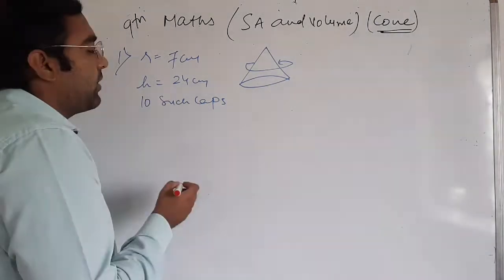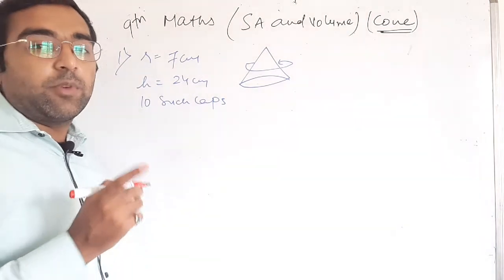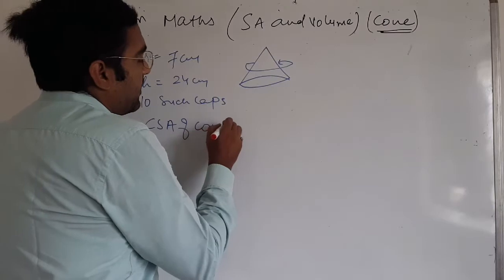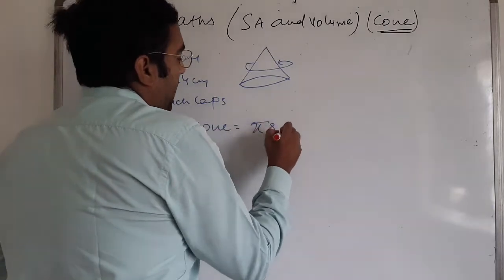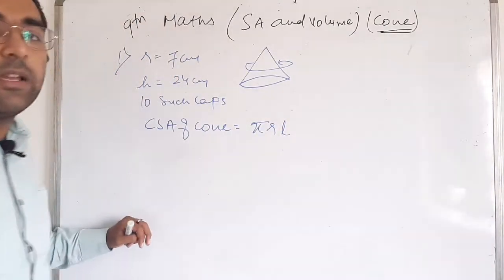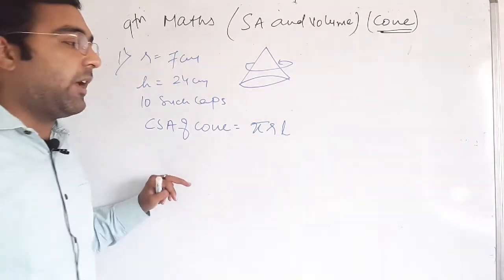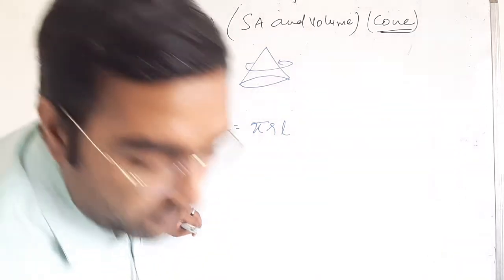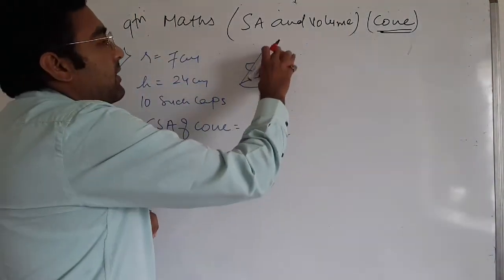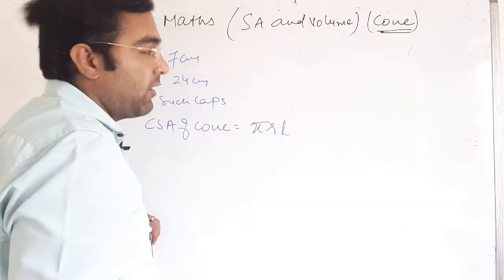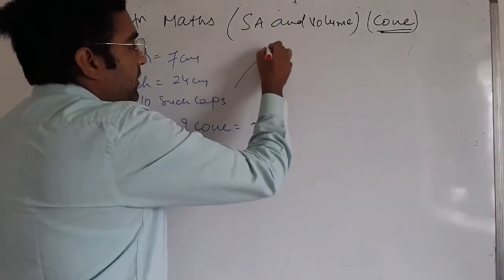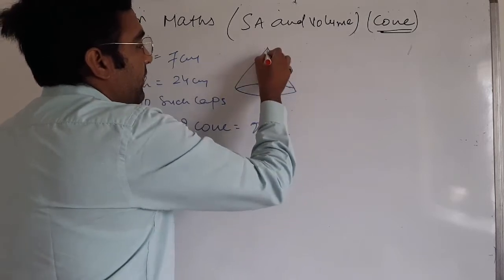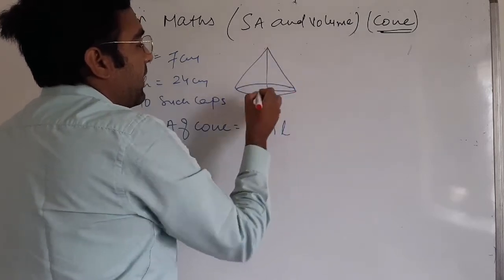For that we must have the slant height, because my formula for the curved surface area of a cone is pi r l. So first of all I'll find the slant height of the cone from the radius and vertical height.